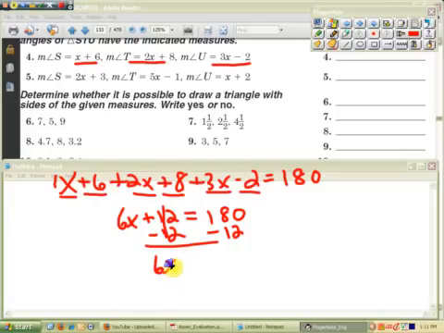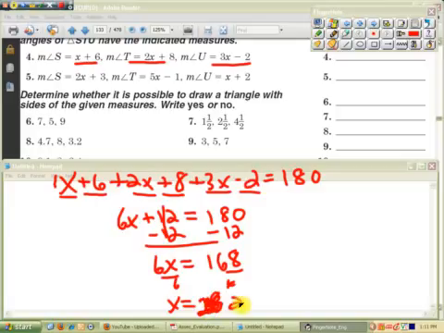This goes away. 6x equals 168. And you divide by 6. X will equal 28.